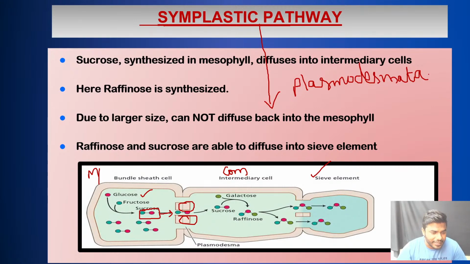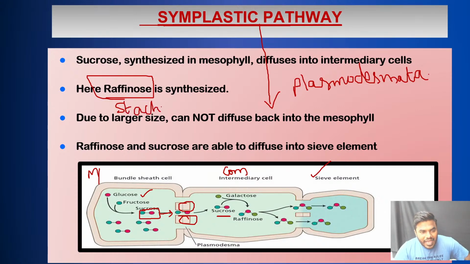Don't forget it. Now whenever the sucrose enters the companion cell, it can be converted into what, friends? Large sugars. What are the large sugars? Like raffinose and stachyose. Raffinose and stachyose are very large sugars.